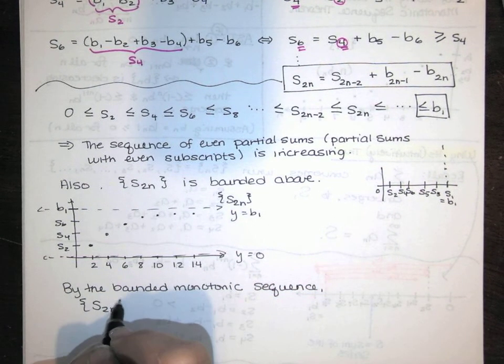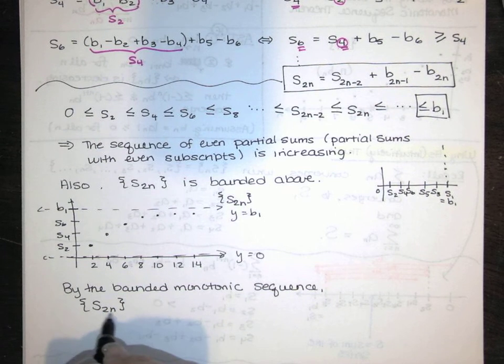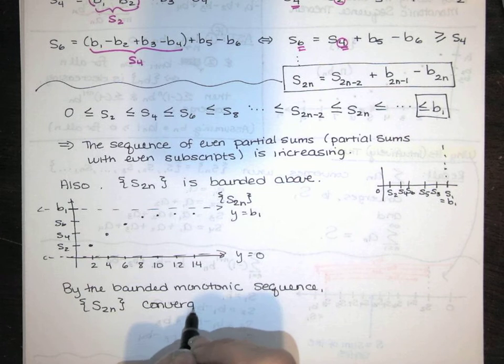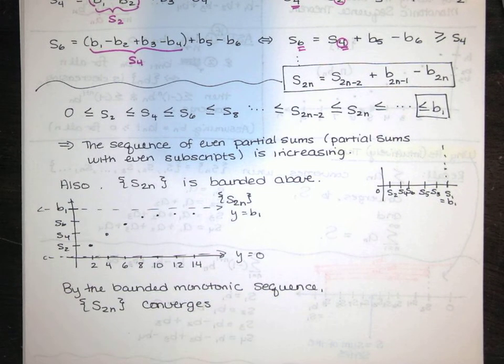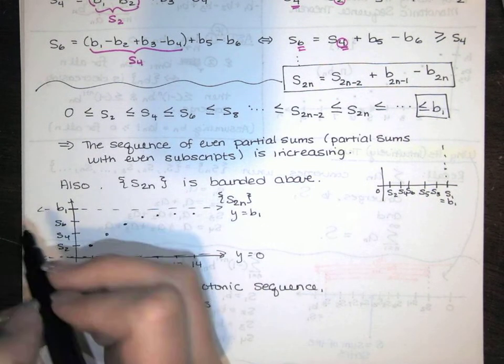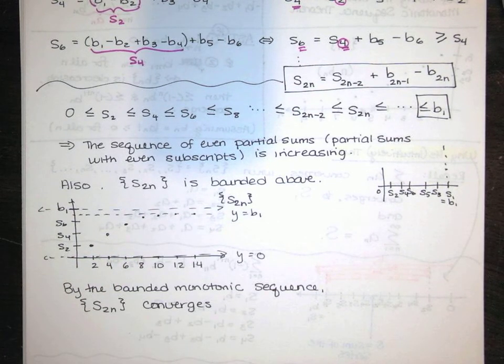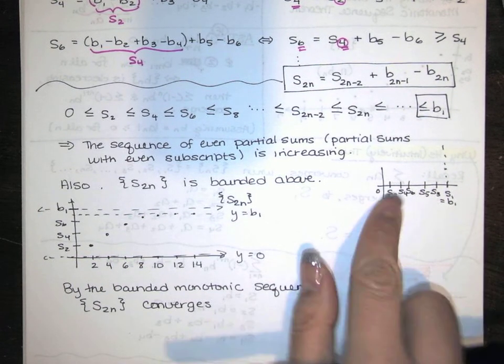And this is the sequence of partial sums with even subscripts. And I made it look like it's converging to b sub 1. That's not true. It's converging to some number that's less than b sub 1 because we're subtracting things from it.